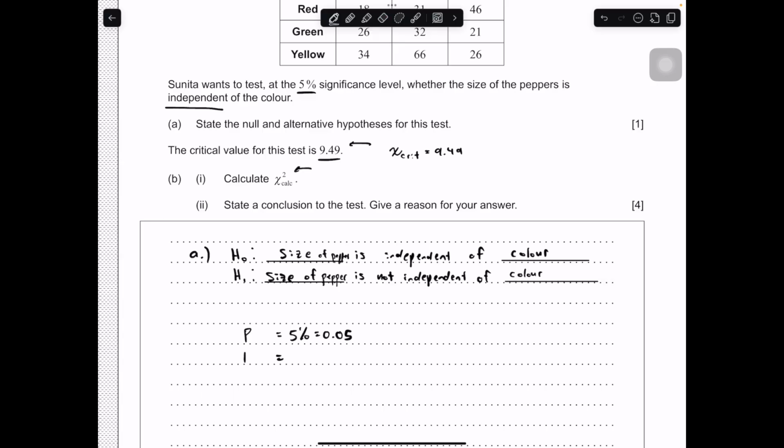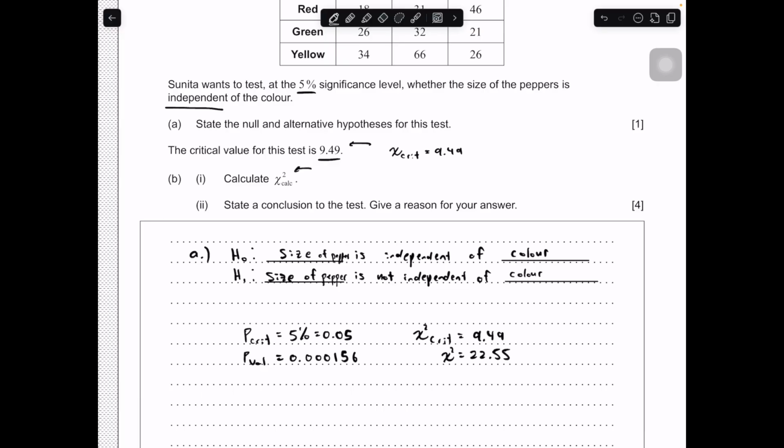And the p-value that we found was 0.000156. And for our chi-squared critical value, it was 9.49, and our chi-squared value itself that we found was equal to 22.55, roughly speaking.